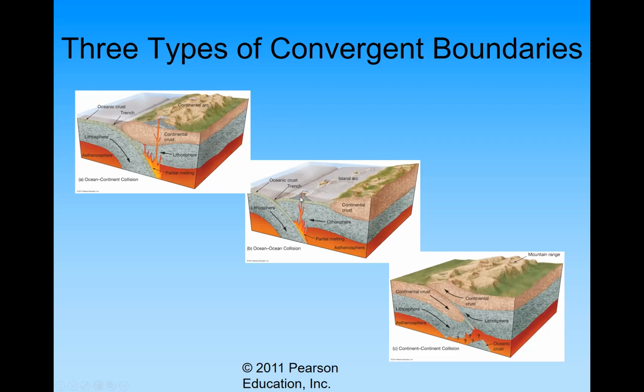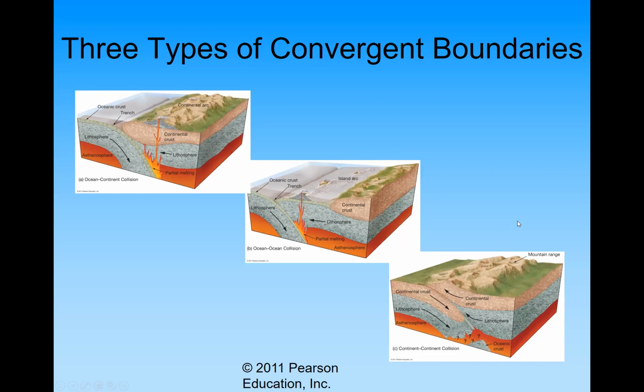So typically one of the ocean crusts is going deeper than the other, and on the back side of this trench they'll have a back arc basin and a series of volcanic islands, and so that's another indication of this process.